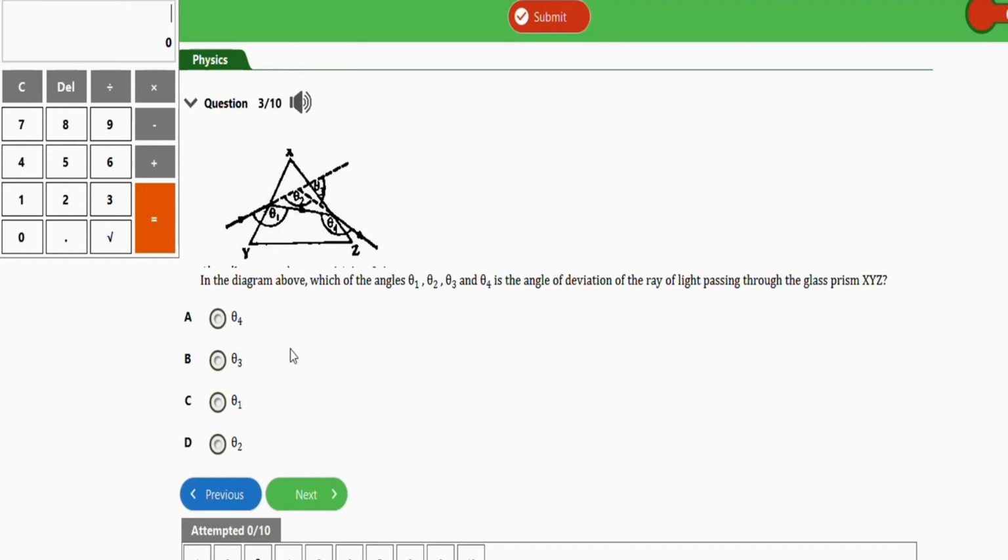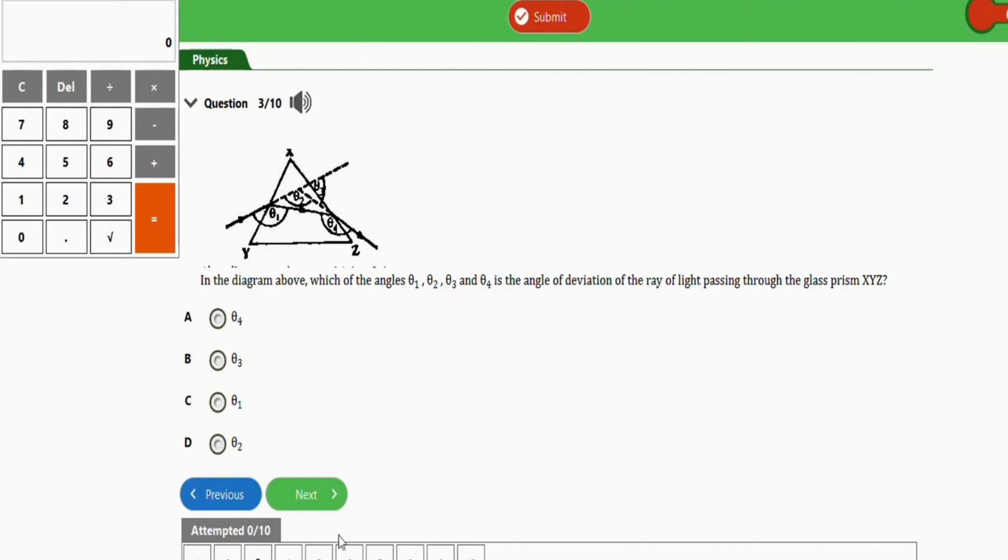Basically, the angle of deviation of the ray of light passing through the glass prism XYZ is at this theta subscript 3, here. So that's it for this question. It's as simple as this.